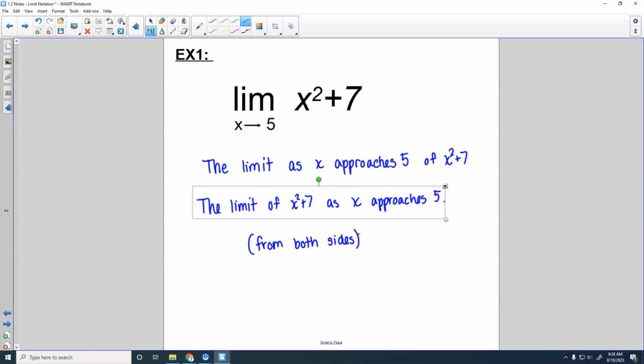So if you just write limit of x squared plus 7 as x approaches 5, if you don't put from the right or from the left, we assume that you mean from both sides. It's not the same as positives and negatives, where if there's nothing there, we assume it's positive. If you mean from the right, you will put a plus behind it.